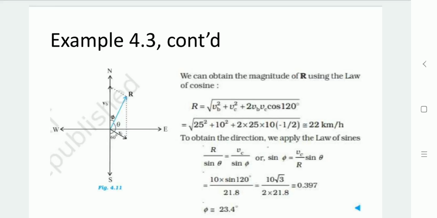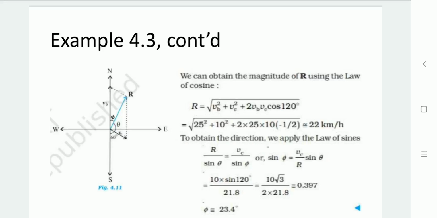The theta is the angle between vector VC and resultant vector R. Now, between north and south we have a 180 degree angle, right? 60 degree angle is provided between VC and south. So the remaining angle, can we say that is 180 minus 60, that would be 120. So here we have angle theta equal to 120.